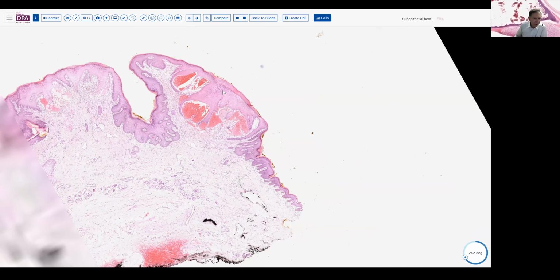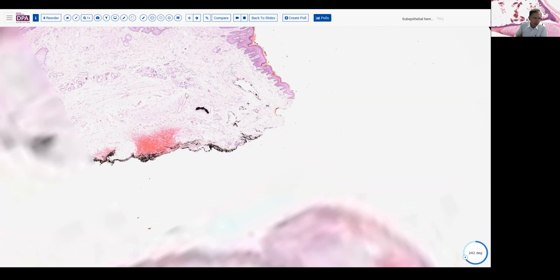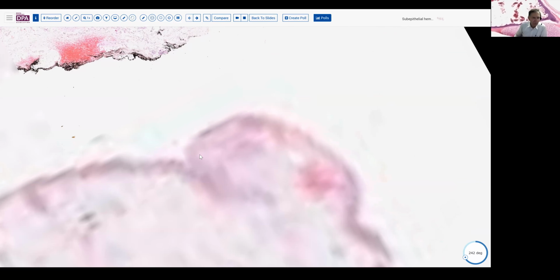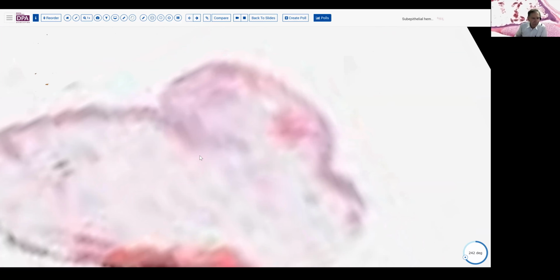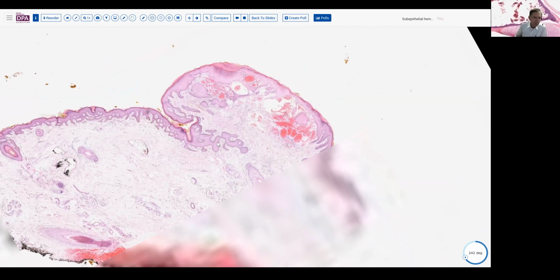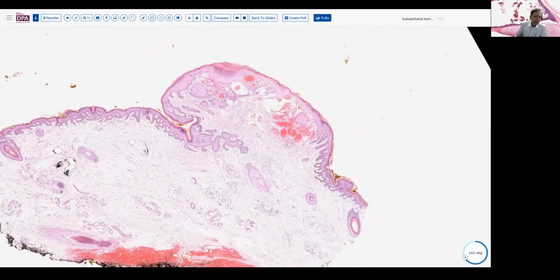So of course, with any lesion where you've got vessels and extravasated red cells and so forth, you're going to be thinking of a hemangioma. And certainly you could make the diagnosis of cutaneous hemangioma, and that would be fine. It would be correct to call this a hemangioma.